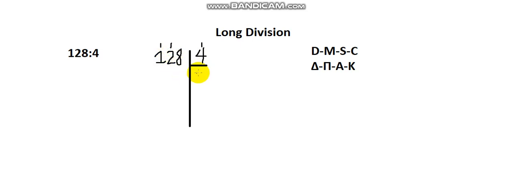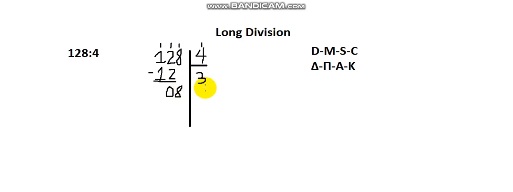4 goes into 12 3 times. Next step, multiply. 3 times 4 makes 12. 12 take away 12 makes 0. Next step, carry down the next digit, 8.